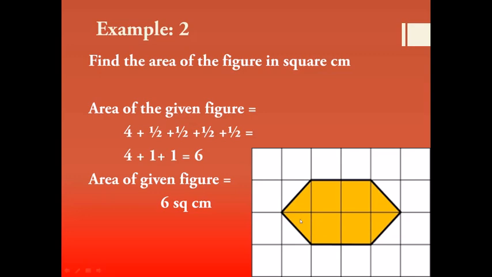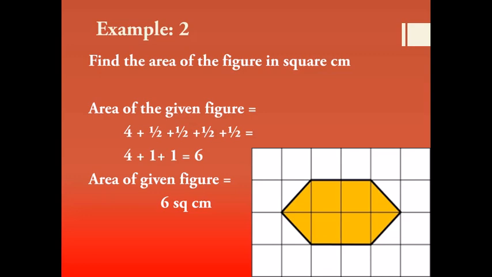So area of this given figure is equal to, let's count first the full squares, 1, 2, 3, 4. 4 full squares and 1, 2, 3, 4, 4 half squares. Each square is 1 square centimeter and half square is equal to half square centimeter. So the given figure has 4 complete squares and 4 half squares.